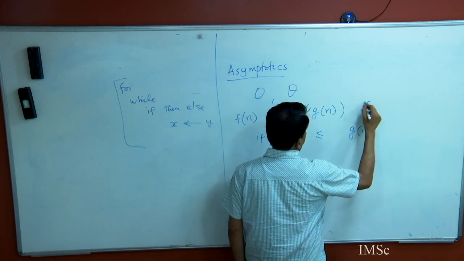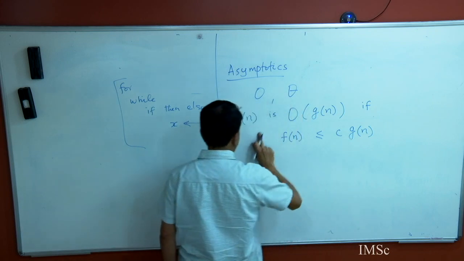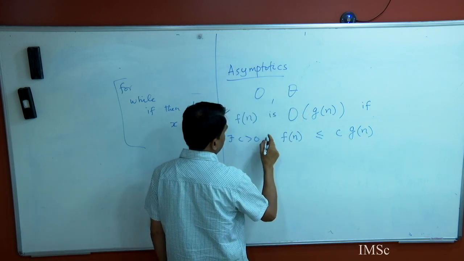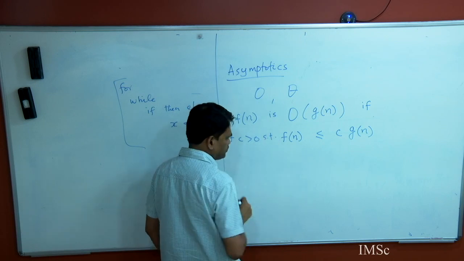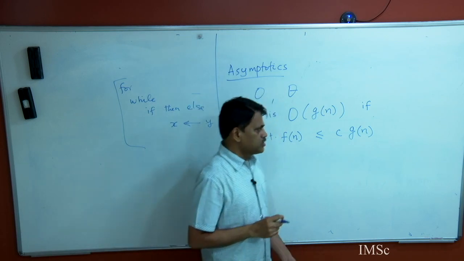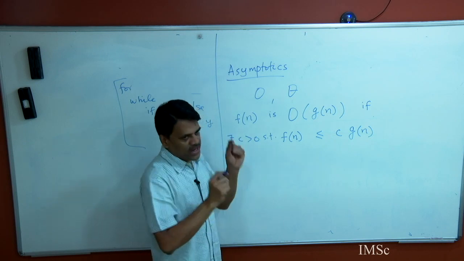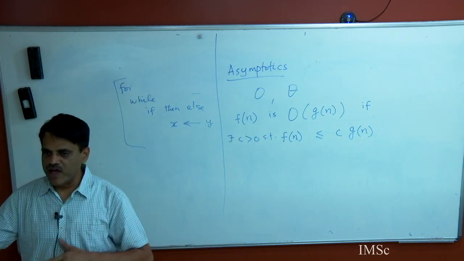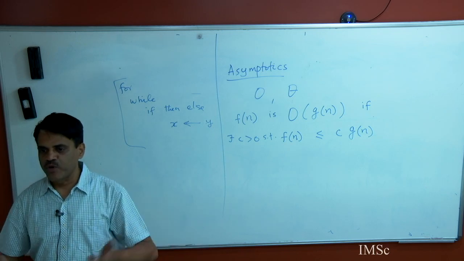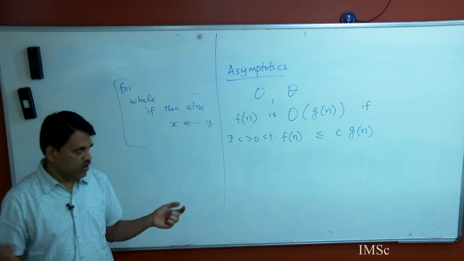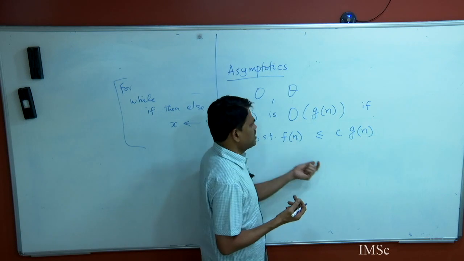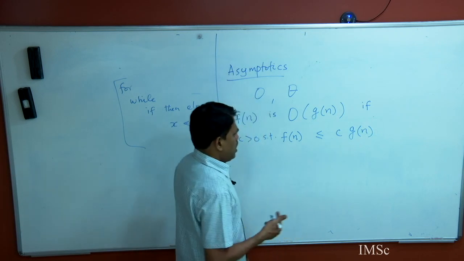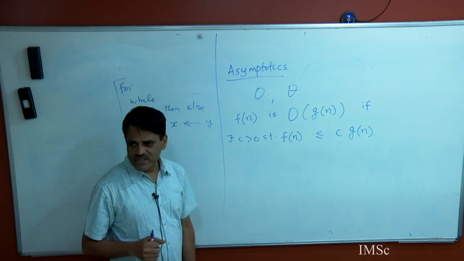Okay, if there exists a constant c greater than 0 such that, because I said I also want to ignore the coefficient of the leading term, right. So 2n square and 5n square and half n square are, to me, all the same. So if f of n is upper bounded by some constant times g of n, and what else?